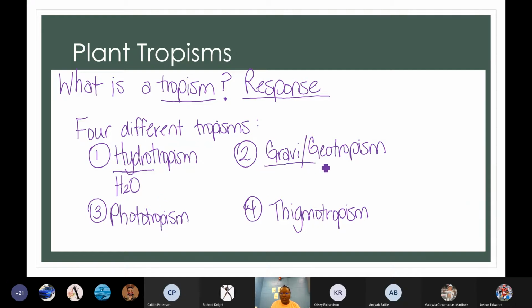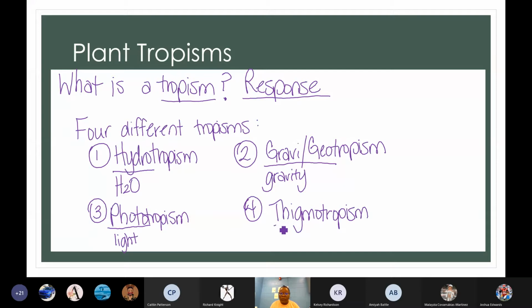Gravitropism or geotropism is literally talking about gravity. So today we're going to learn about and draw some pictures of how a plant responds to gravity. Photo means light, so we'll also learn about how a plant responds to light.